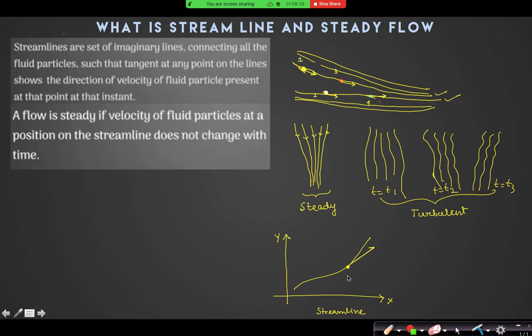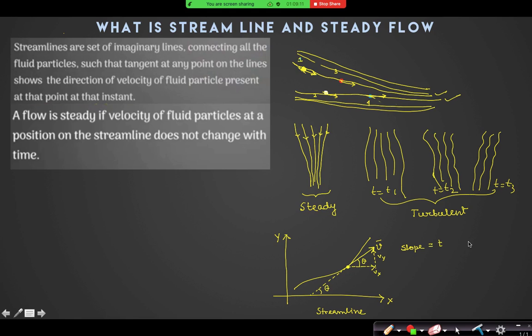Can I say this will be the direction of velocity? And I can find tan theta as Vy by Vx. I'm talking about a particular point x comma y. So can I say at that point tan theta is nothing but the slope also?